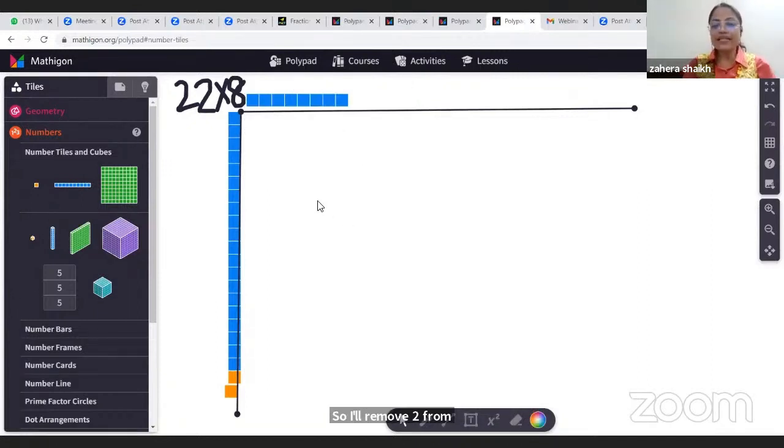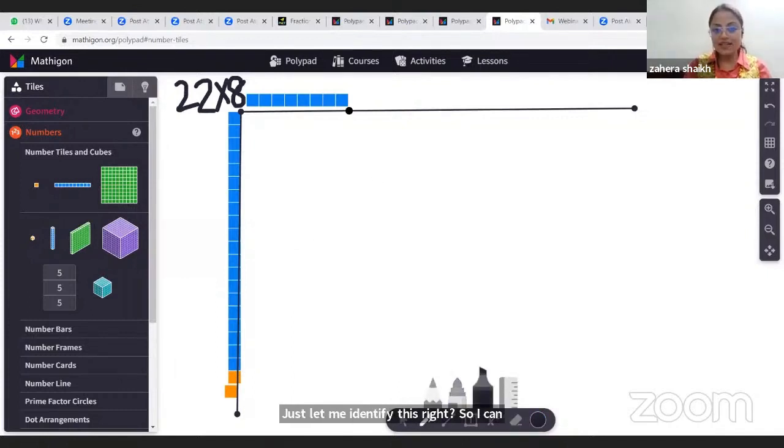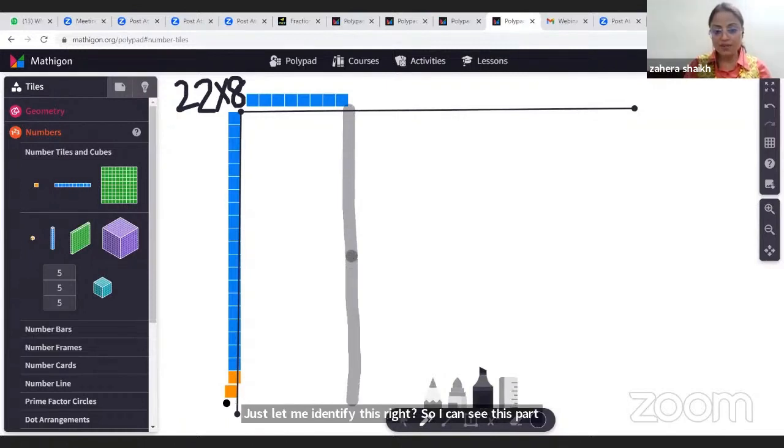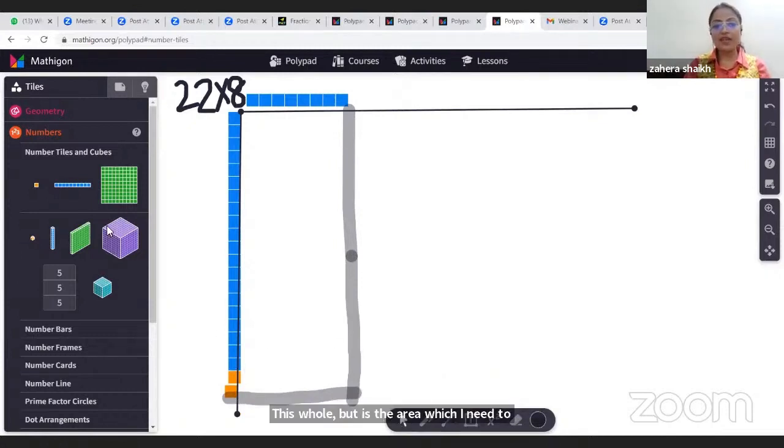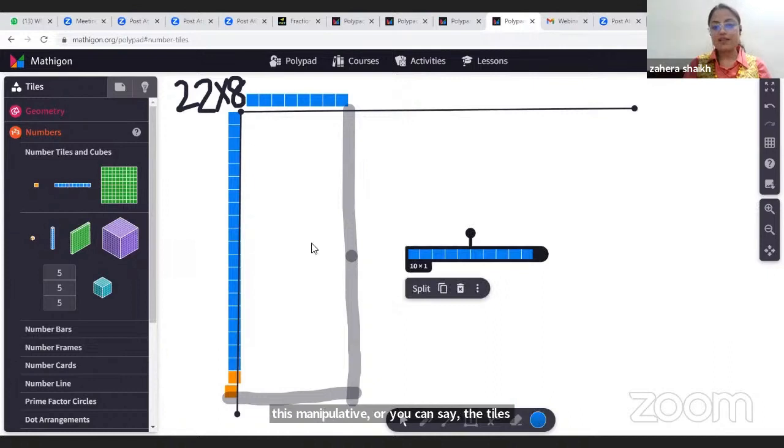Now I can see there is a place which can be covered using all the bars, the rods, or this unit block to make a rectangle. Just let me identify this, right? So I can see this whole part is the area which I need to cover with this manipulative, or you can say the tiles. Okay, so let me place it.